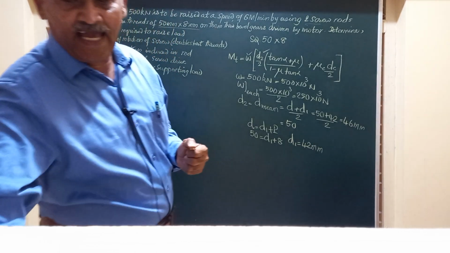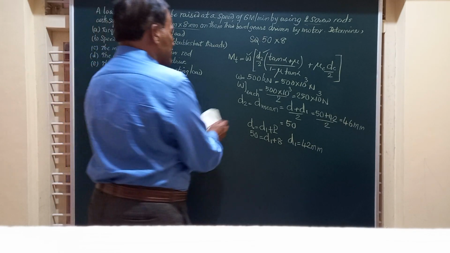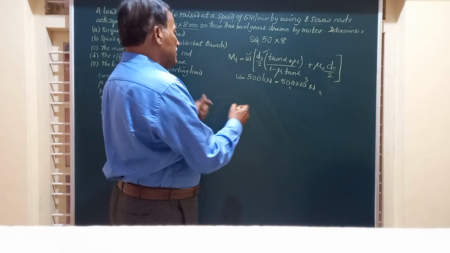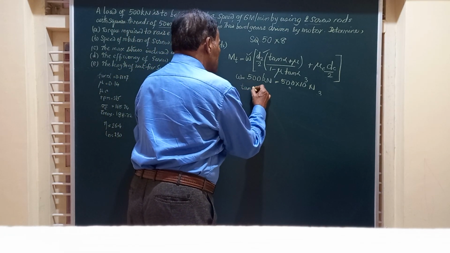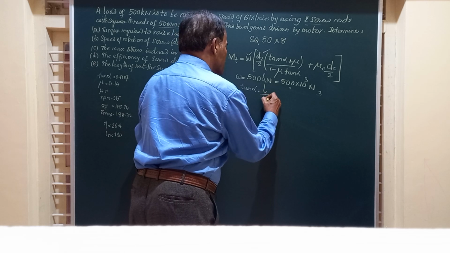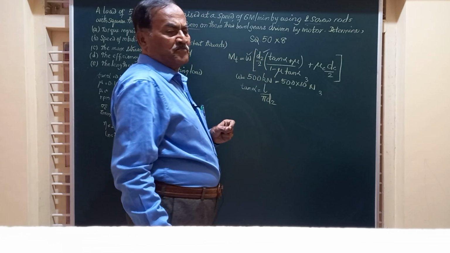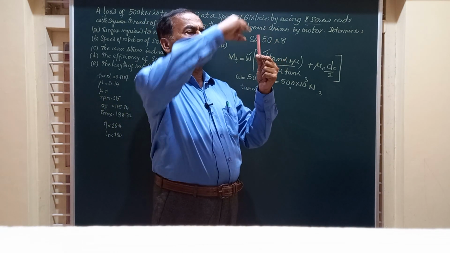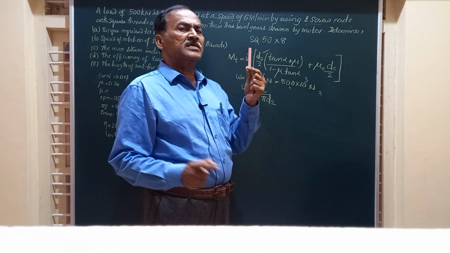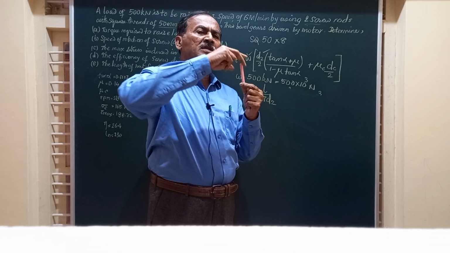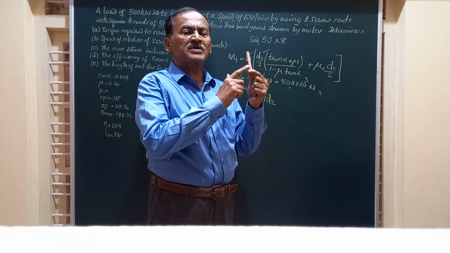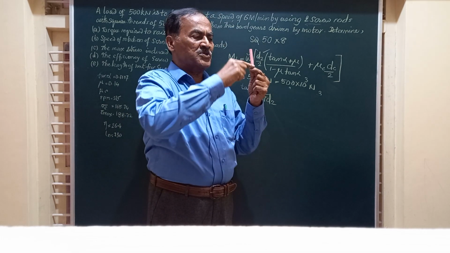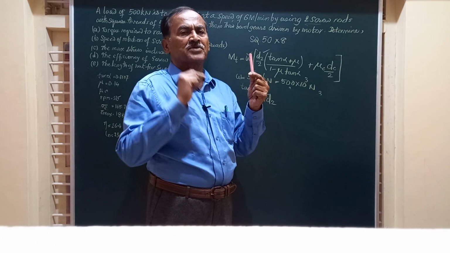Then comes tan alpha. Tan alpha stands for the term lead over pi d2. If you refer to the handbook, tan alpha is equal to lead L by pi d2. What is the meaning of lead? Friends, if you have a screw rod and a nut, and you give one rotation to the nut, keeping the rod stationary, the distance advanced by the nut along the rod is called the lead.